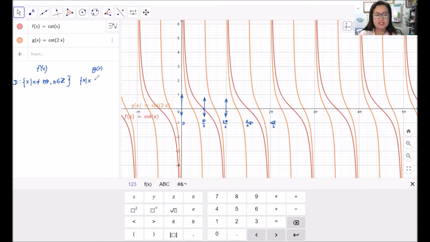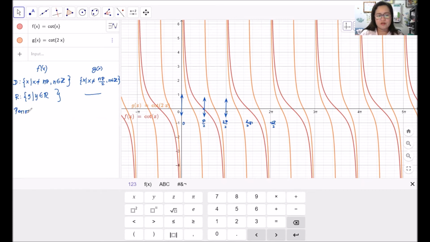Right now, the domain is the set of all x such that x is not equal to n pi over 2, where n is an element of the set of integers. So that's the change in the domain. What about the range? The range is still the set of all y such that y is an element of the set of real numbers. No significant change in the range. What about the period?